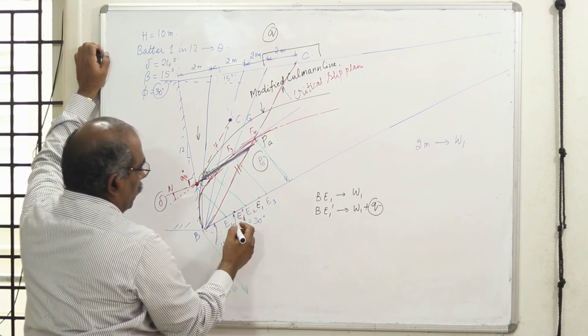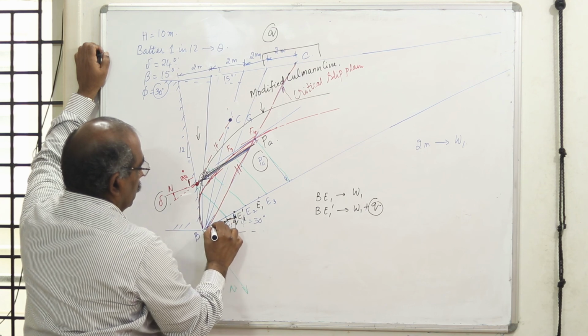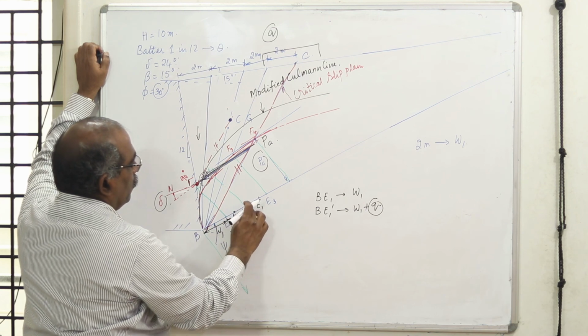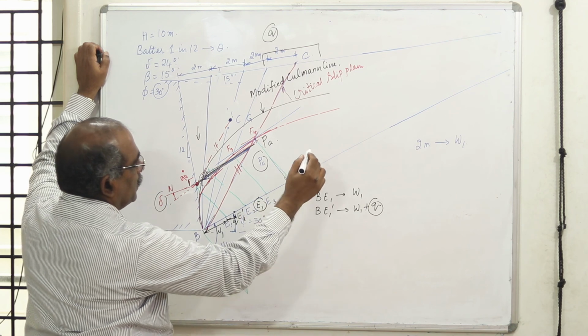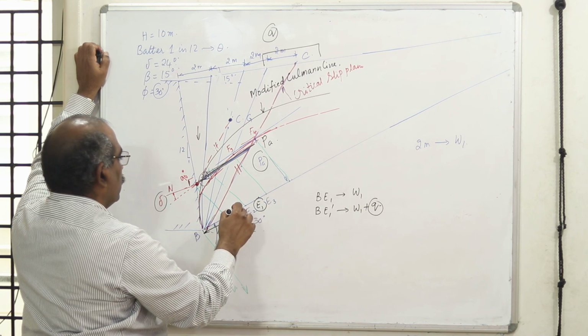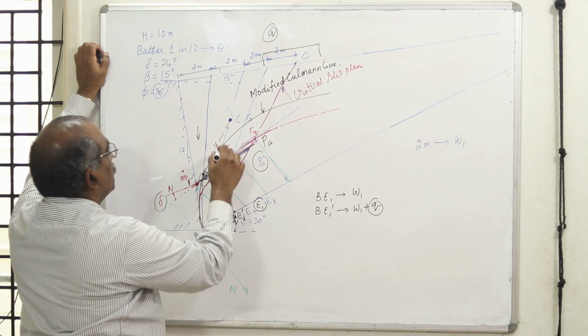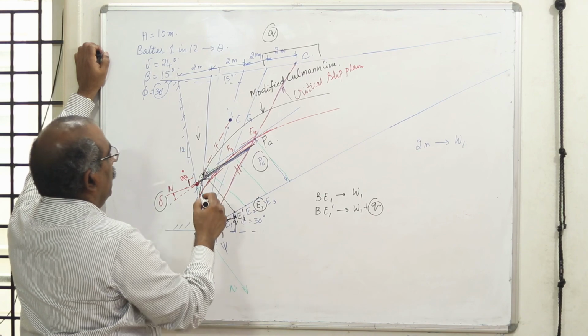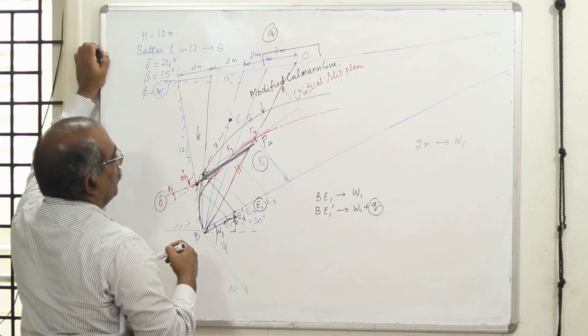On the same line, you add the value equal to Q. This is W1. Like this, you mark additional points E1 dash, E2 dash, E3 dash, like that. Then from there, you draw a line parallel to the slip line. I get points which intersect on these vertical lines, and I draw a curve connecting those points. I get the modified Culmann's line.